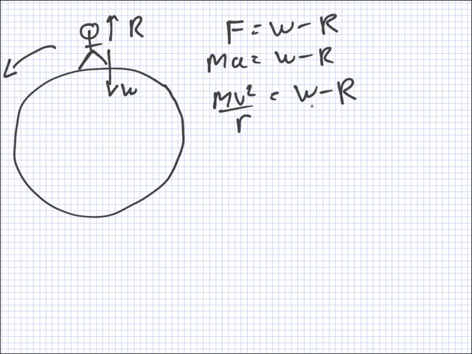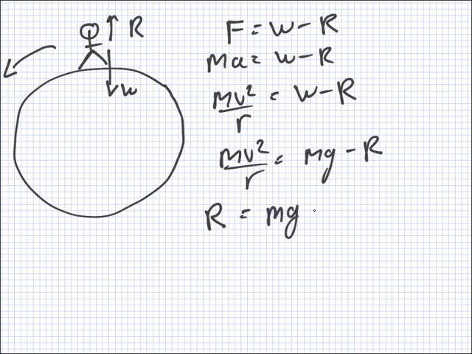So the W we know, that's mg minus R. So the R will equal mg, which is the weight, minus mv squared over R. So the R is not quite the weight. You have to take a little bit away from it.